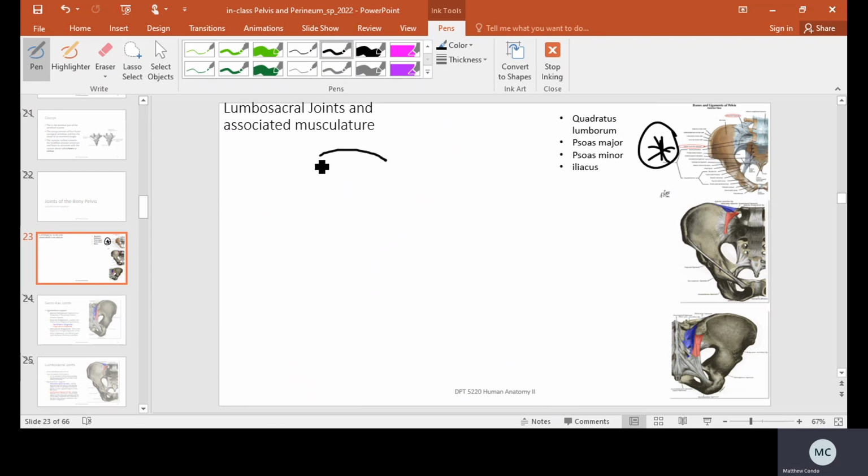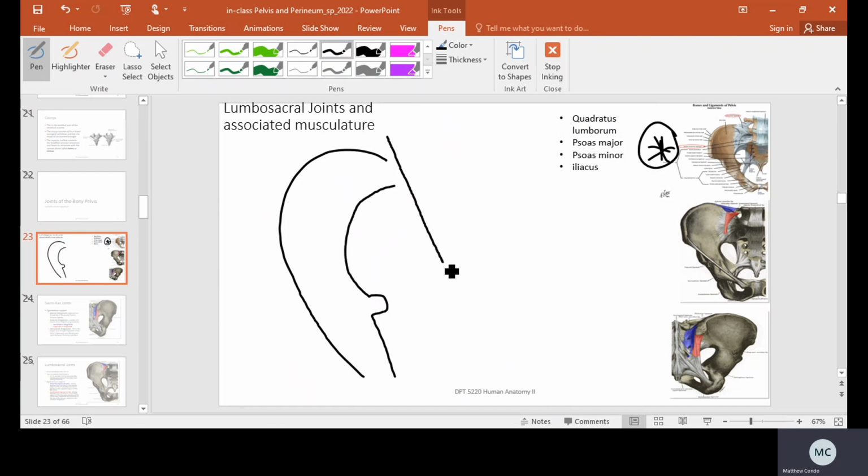So here's what we got, okay? Got my pelvis. The pelvis is going to have a ring to it with a little bump. That's going to be my ischial spine. And then there's essentially going to be my sacrum. This is the anterior view.